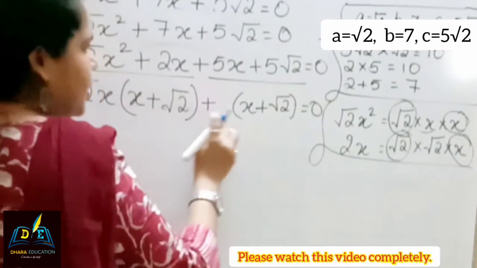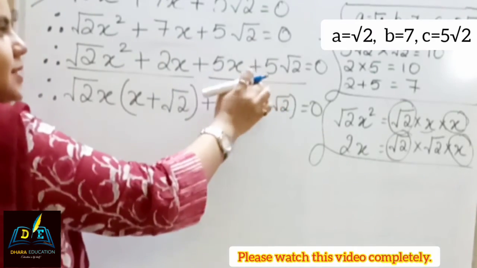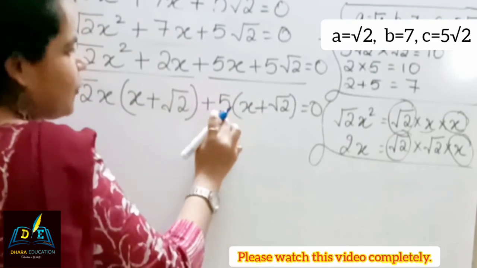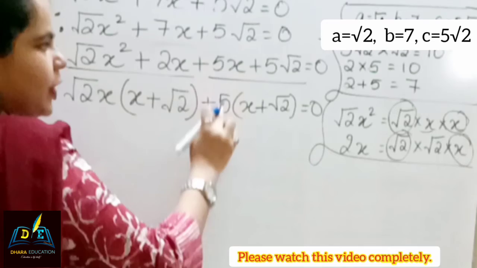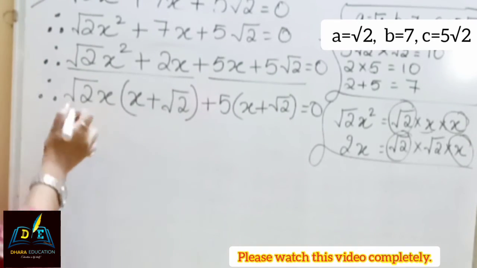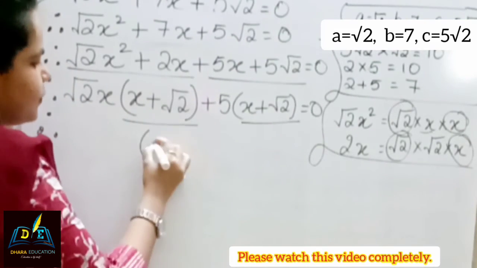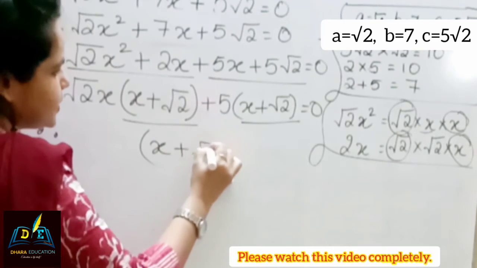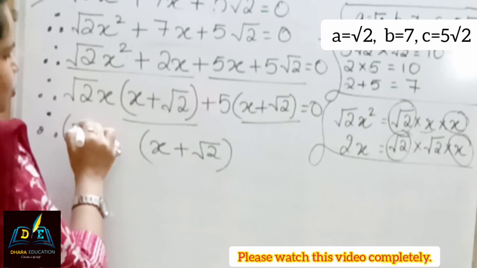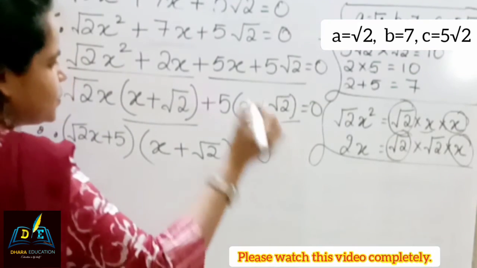Now which number should we place here so that this entire term is fulfilled? It is 5. 5 multiplied by x gives you 5x, and 5 multiplied by root 2 gives you 5 root 2. Clear? So now this is the common factor, right? I am going to write this in the second place, and what is left over in the first is root 2x plus 5 is equal to 0.